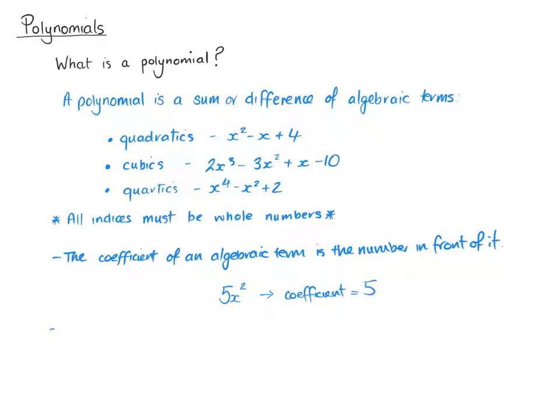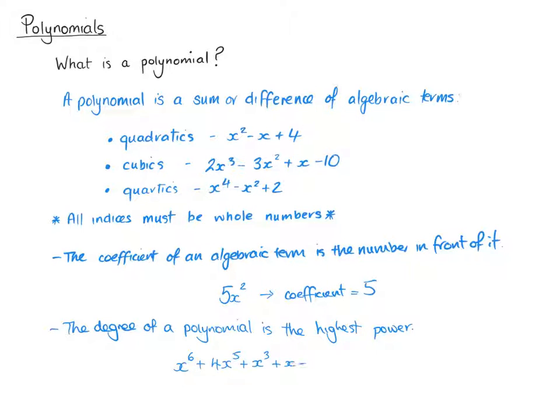The degree of a polynomial is the highest power in the polynomial. For example, if I've got x to the 6 plus 4x to the 5 plus x to the 3 plus x plus 2, the only thing we need to look at for this is our highest power, so we find our highest one, which is 6.